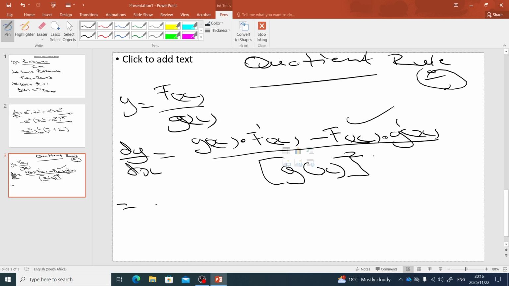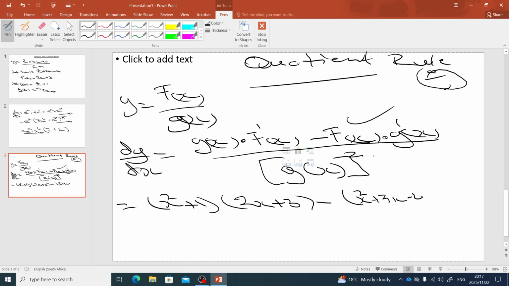In applying it, remember we said let f of x, we said g of x, it is open bracket, x squared plus 1 multiplied by the differentiation of f of x, which is 2x plus 3, minus f of x, which is x squared plus 3x minus 4, multiplied by the differentiation of g of x, which is 2x, divided by open bracket x squared plus 1 close bracket, squared. That's what we will land ourselves with.